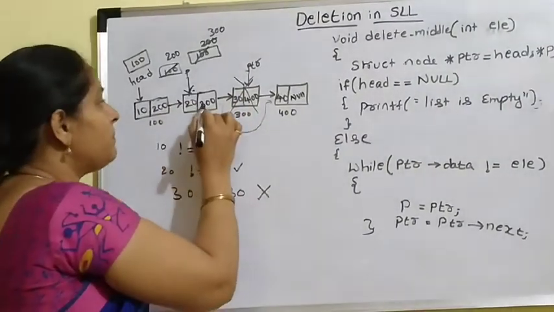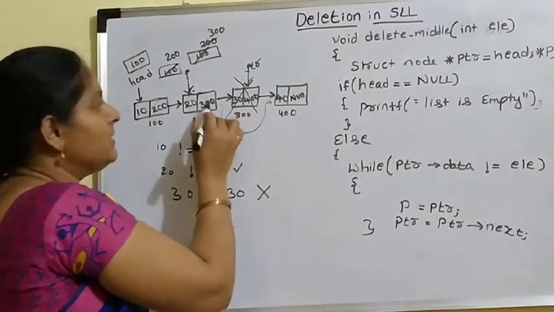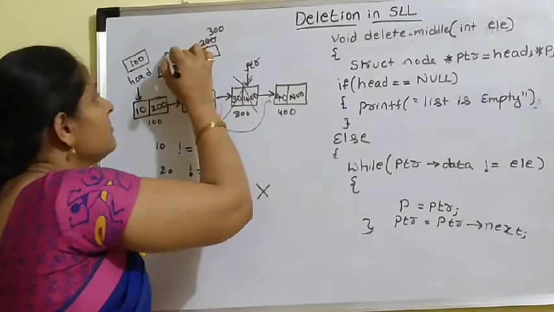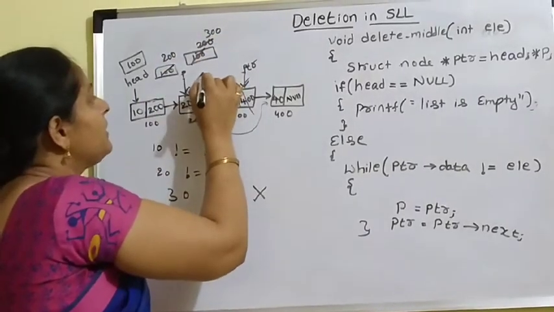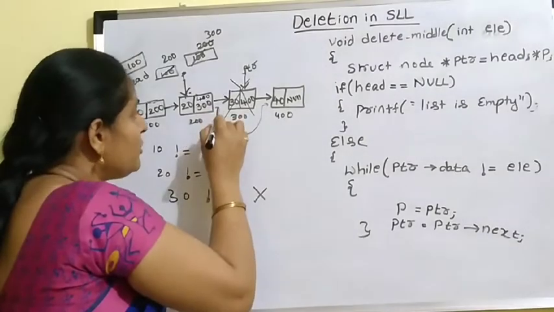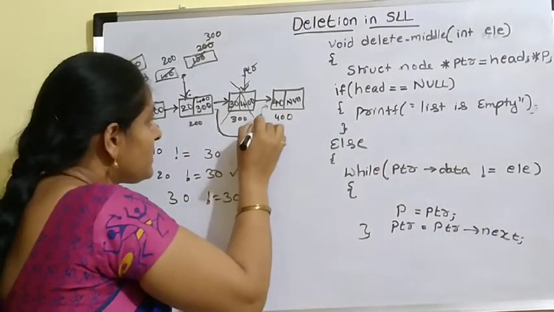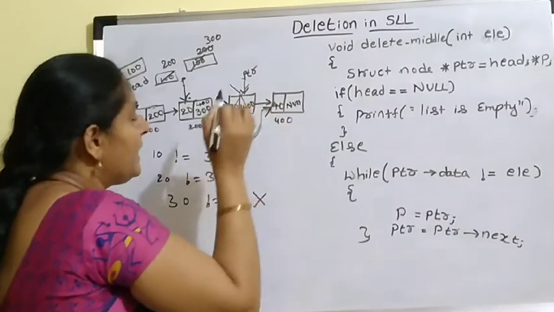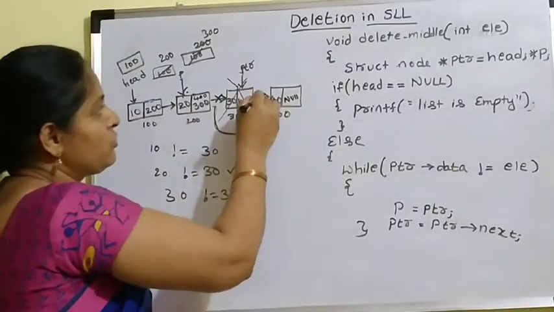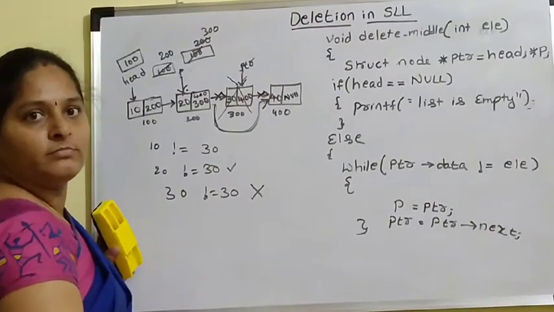P. This P is having 300, and that 300 we need to replace with 400. If you replace that 300 with 400, automatically the connection will be established between P and the PTR next node, and these two links will be disconnected.